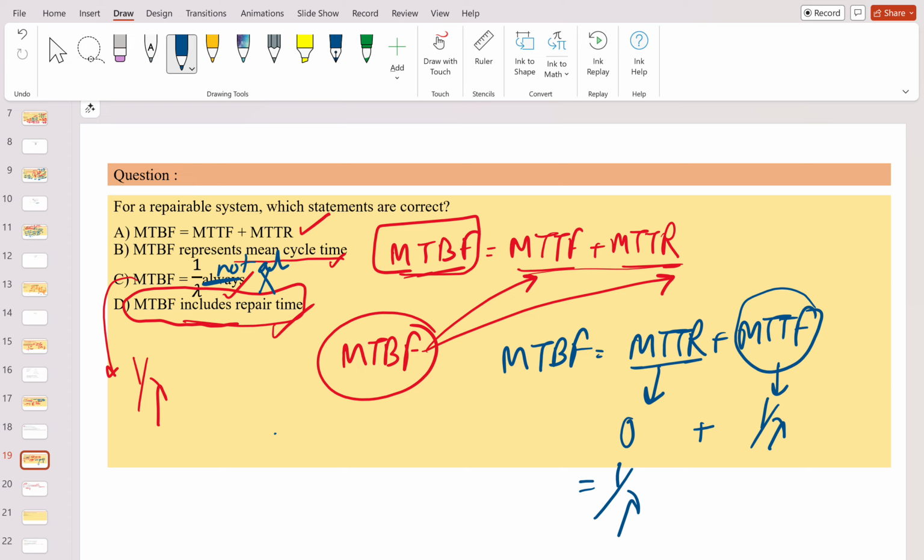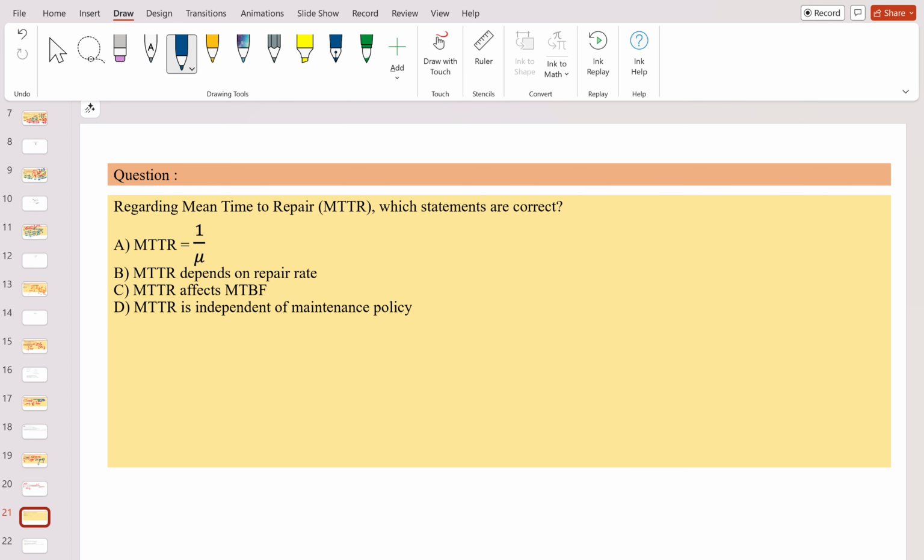Okay, getting my point. So just remember, MTBF includes both the failure and the repair, and it can be 1 upon lambda, but not always. It's a mean value and it includes both the repair and the failure. Okay, let's move forward, try to solve this.